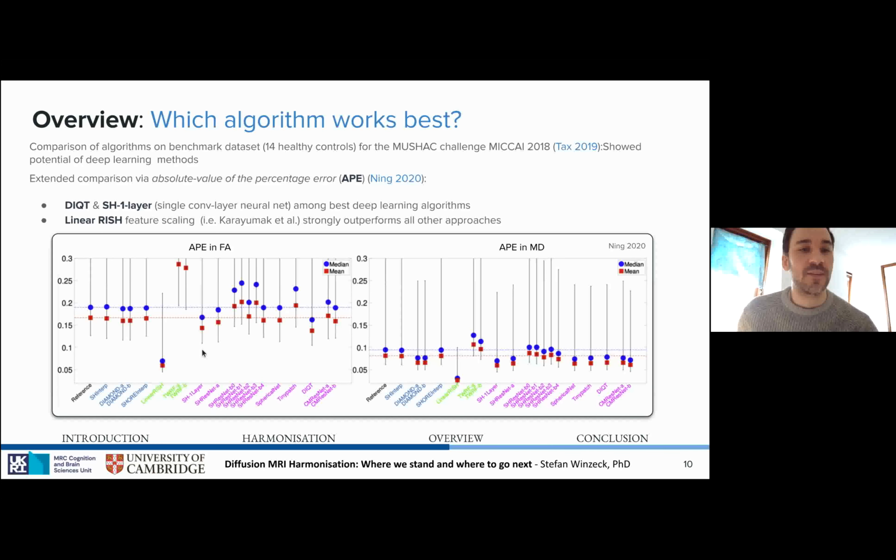It just blurs images. And that already helps to alleviate your interscanner bias. So although these methods have some potential, they might just smooth your data. And it seems like linear RISH feature scaling, although it is a fairly straightforward method without any fancy machine learning models, still outperforms the other ones.